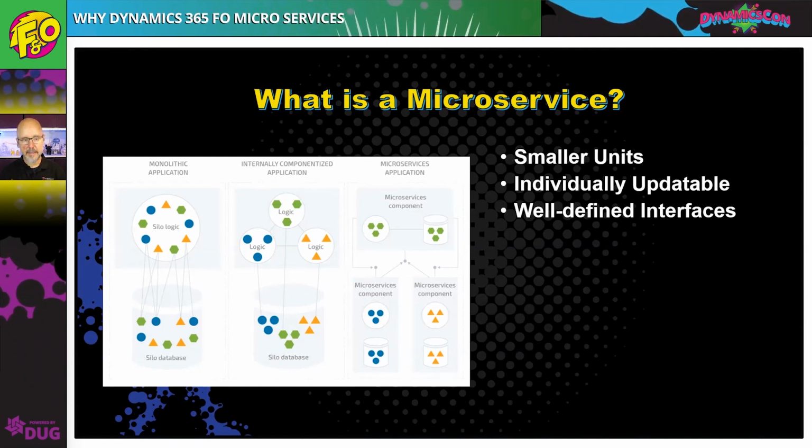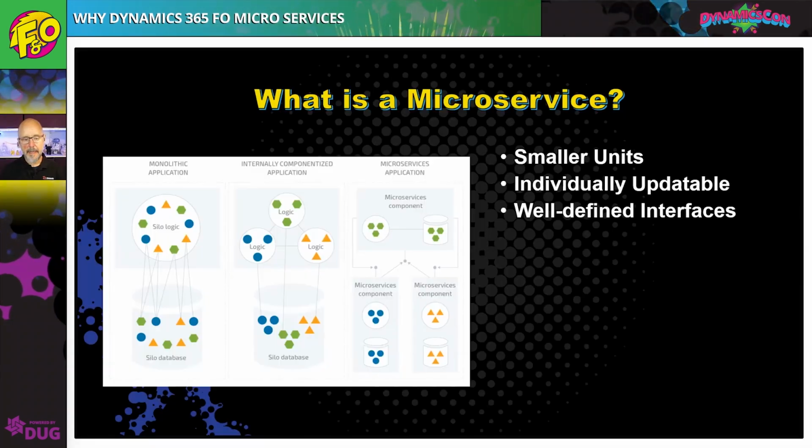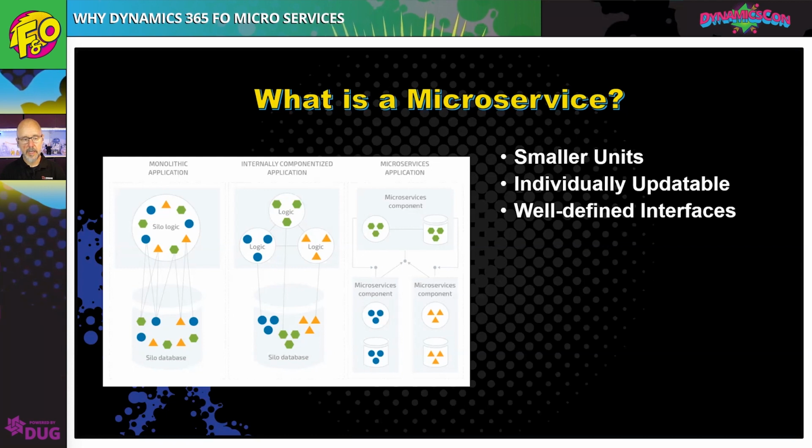Then we have componentized applications. Those are applications that we have broken down into smaller software. We are still working towards a common database, but at least we don't have one large software binary to work with. And the latest now is to use something called microservices. Microservices are smaller units that are easier to maintain.